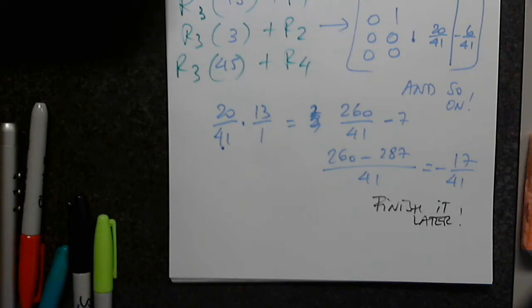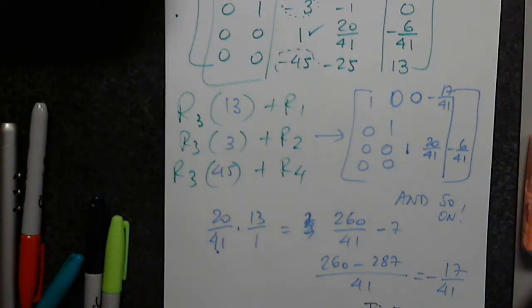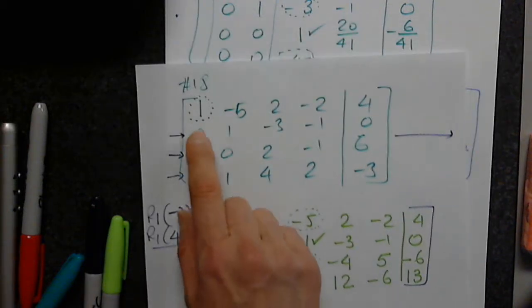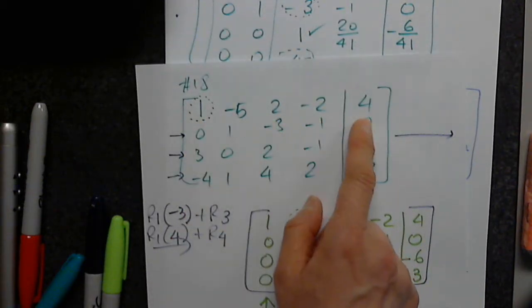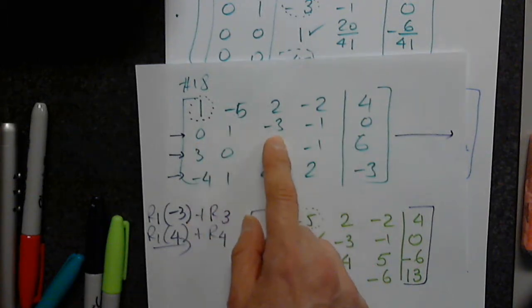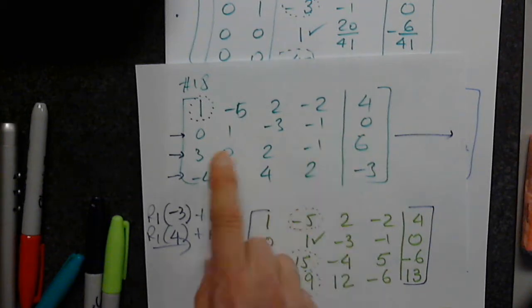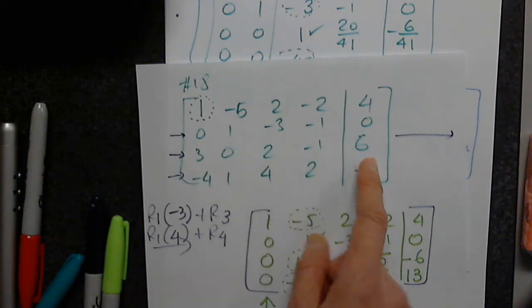There's no way to prove it actually, because you don't have the original system. Of course you have the original system. Once you have the augmented matrix, you have the original system: x minus 5y plus 2z minus 2w equals 4, y minus 3z minus w equals 0, 3x plus 2y plus 2z minus w equals 6.